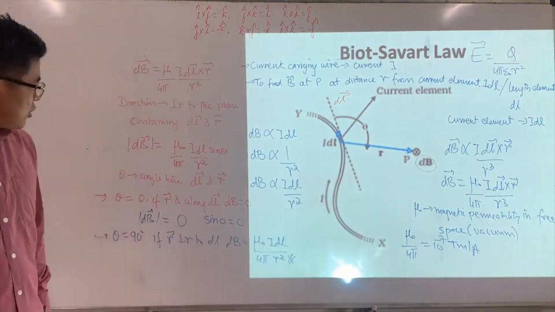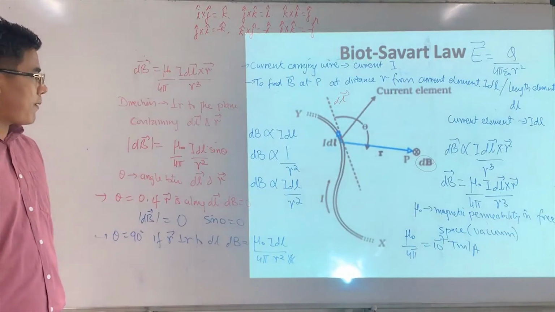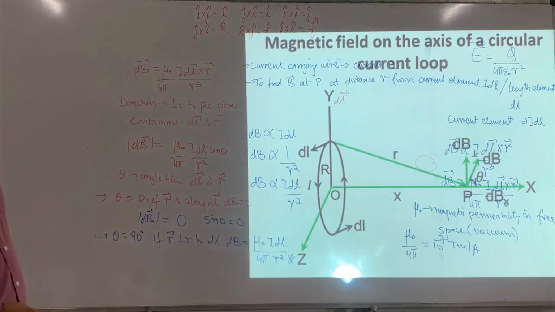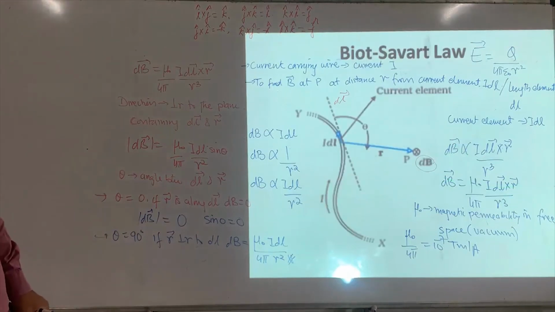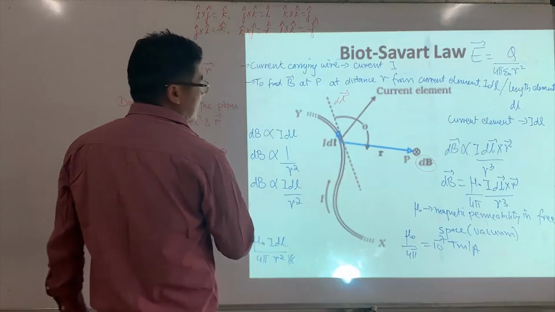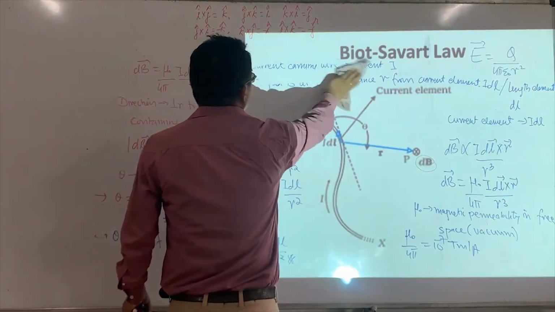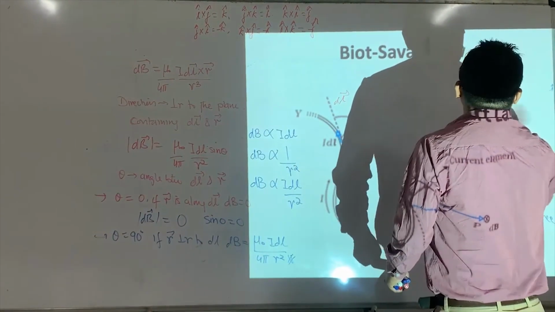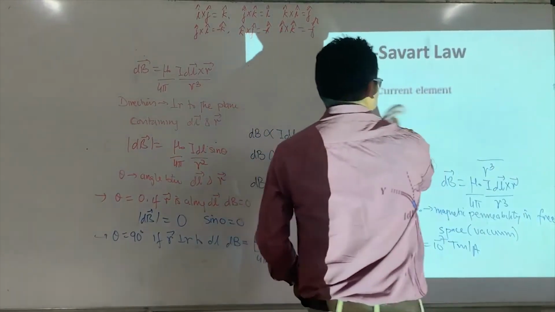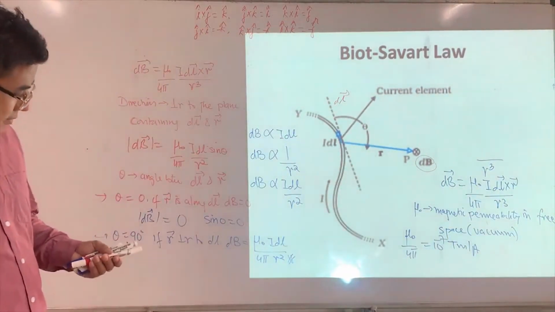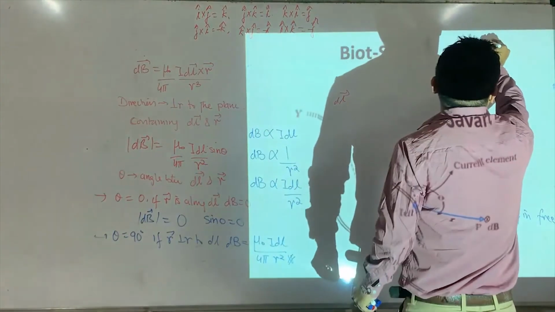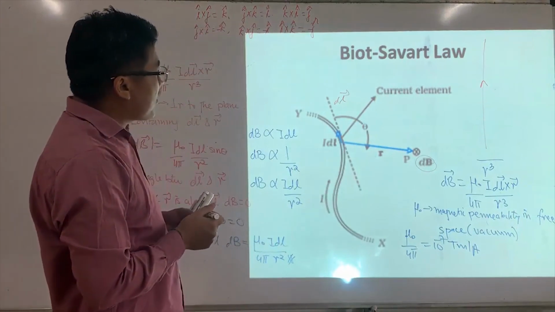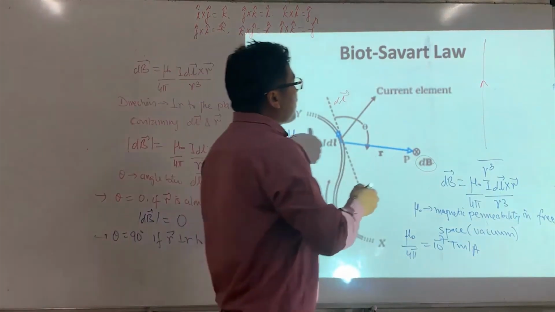Okay, this is all about the Biot-Savart law. Now I will give you an example. If I have a straight current wire, what about the magnetic field here?